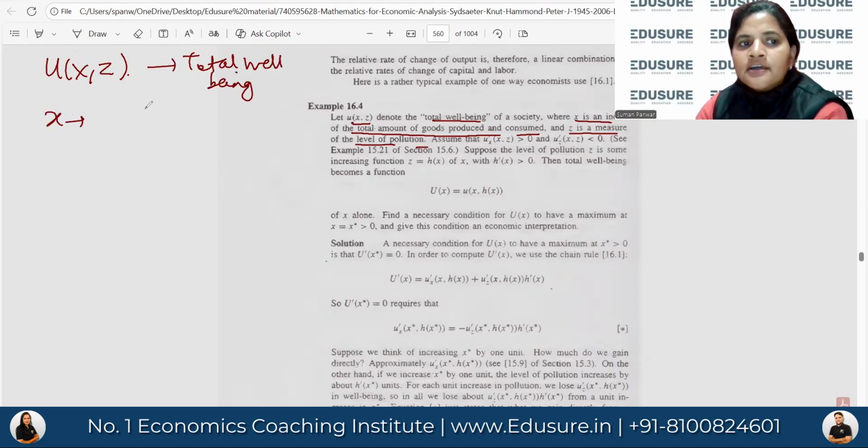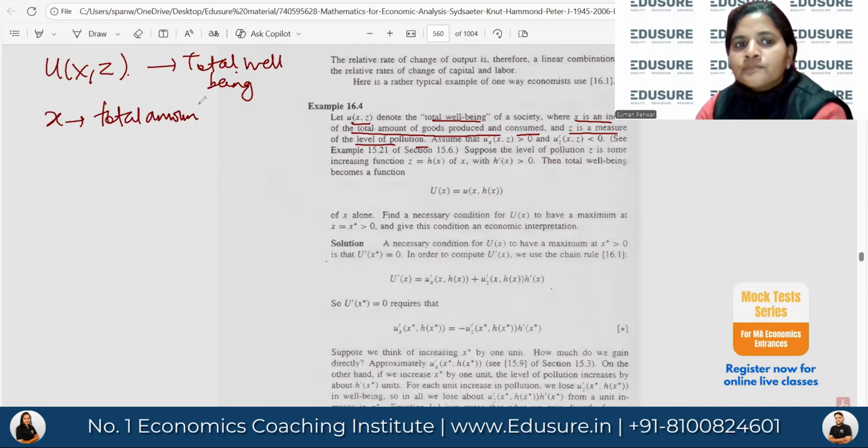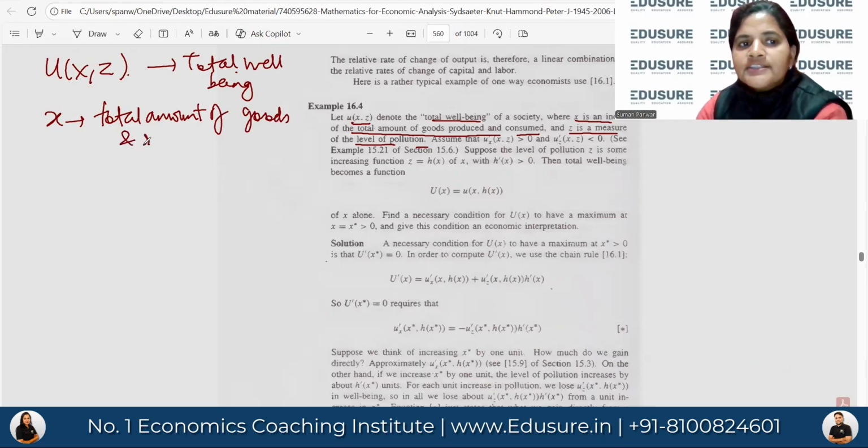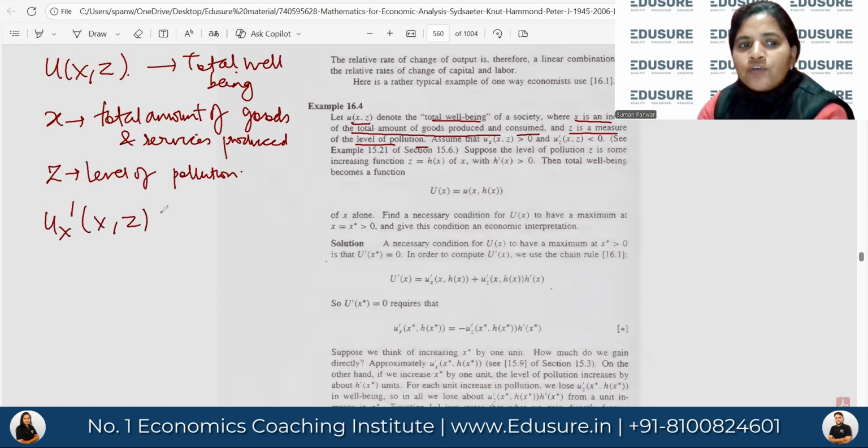What is x? Total amount of goods and services produced. And z is the level of pollution. Okay, assume that U_xz is positive.